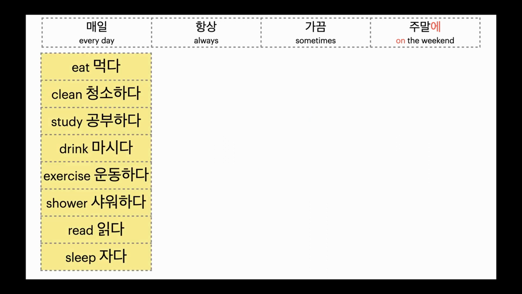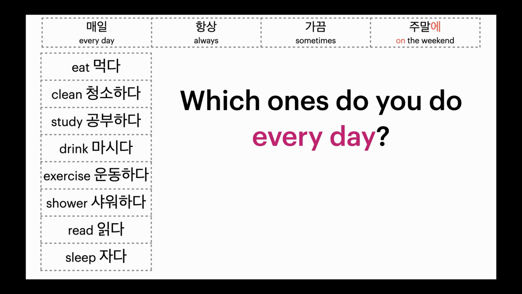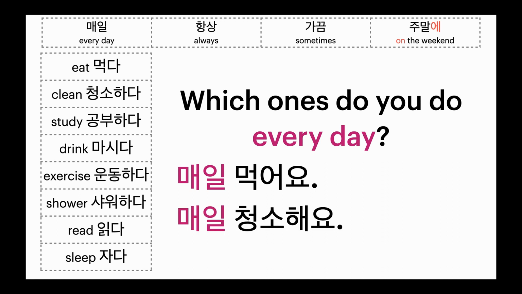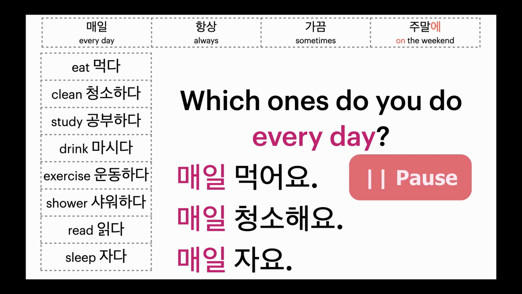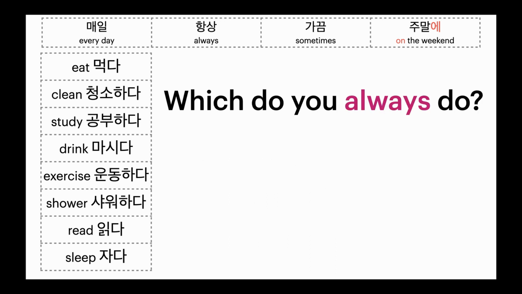Now, out of these verbs here, which ones do you do every day? Can you make 3 sentences? For example, 매일 먹어요. 매일 청소해요. 매일 자요. Go ahead and pause and try to say your own 3 sentences. How about which ones do you always do?